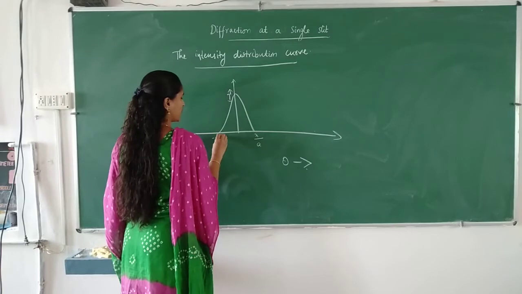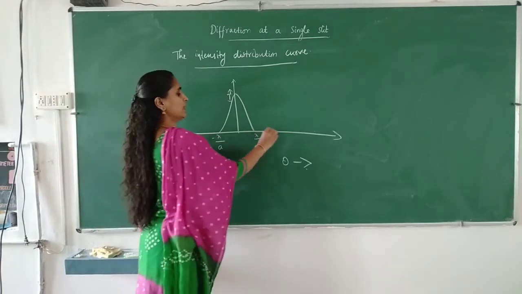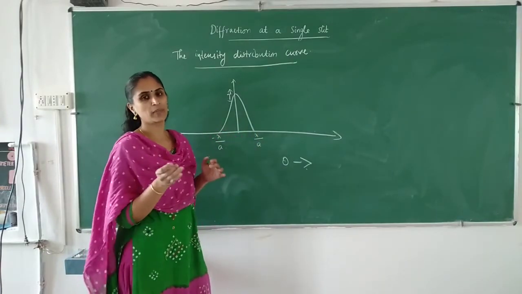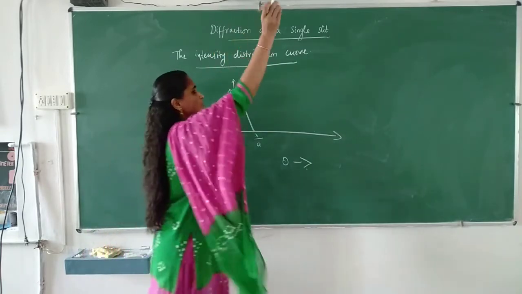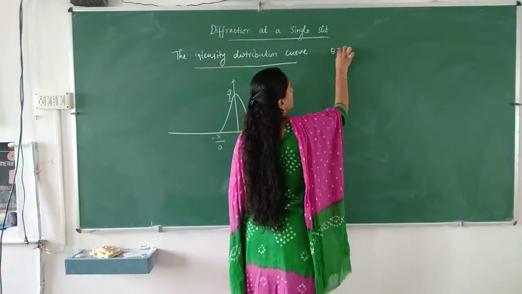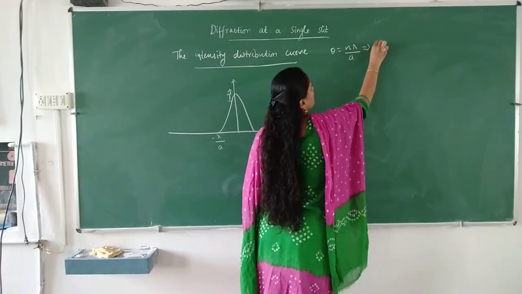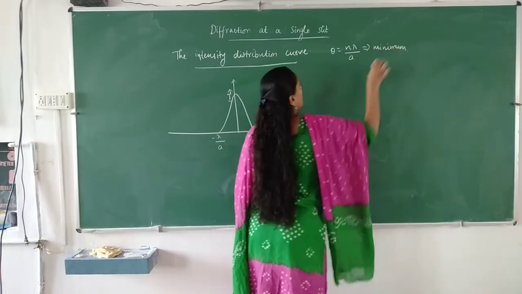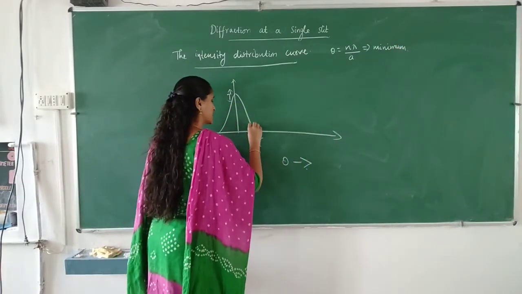Here we can write minus lambda by a. The next minima are 2 lambda by a, 3 lambda by a, and so on, because minimum corresponds to beta equal to n lambda by a. The intensity gradually decreases.